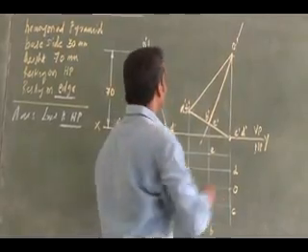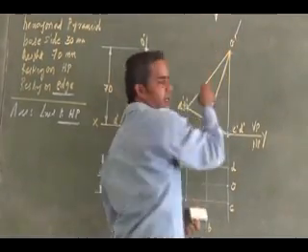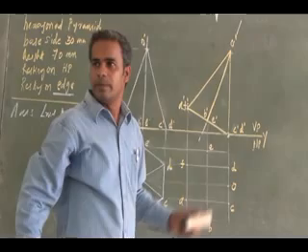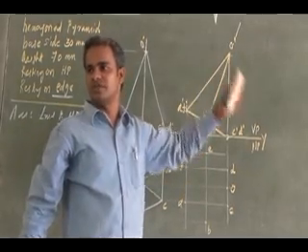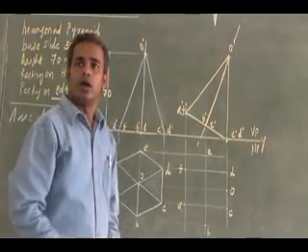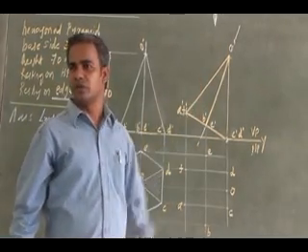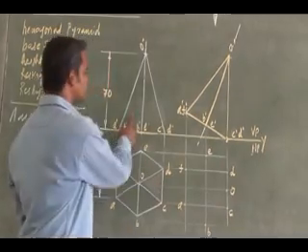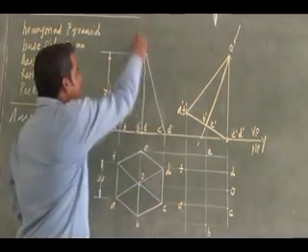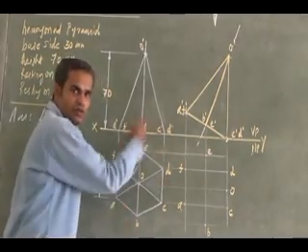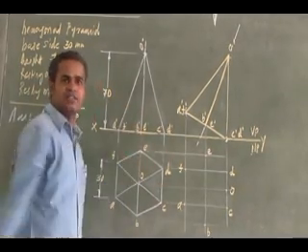While looking from the top, can I see the base fully? Is it fully visible or partially visible? Carefully look at this solid. In the previous simple case, the base is fully seen.